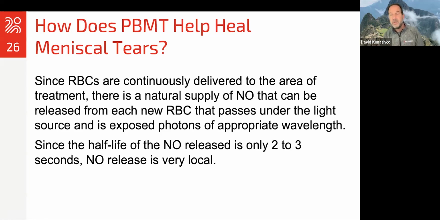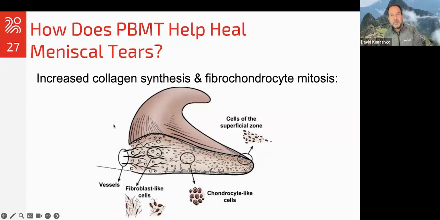Half-life of nitric oxide is only a few seconds, so its effect is very short. But if you keep doing it over 10, 12 minutes, you'll have a greater chance of getting more circulation. That's kind of why we recommend increasing the treatment time over the meniscus tear.